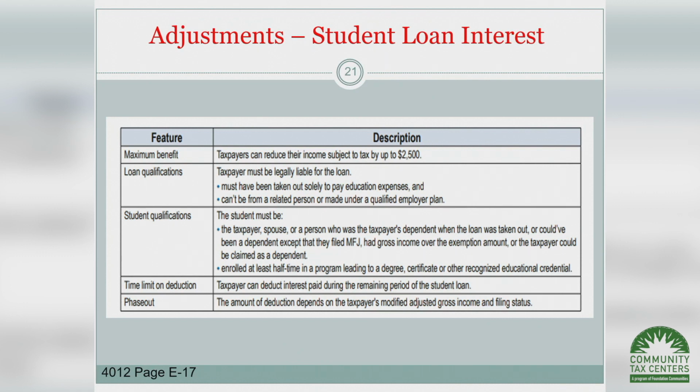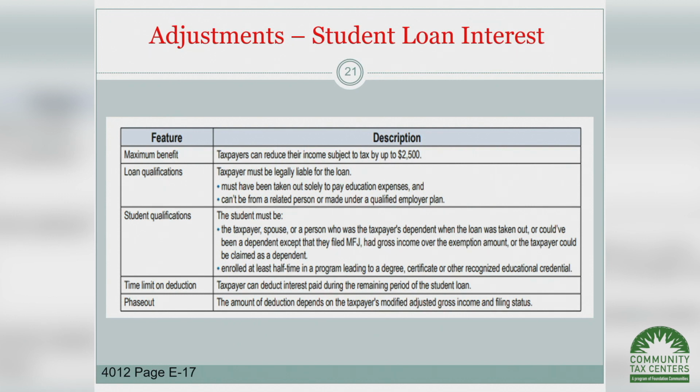The qualifications: the student must be the taxpayer, the spouse, or a person who was the taxpayer's dependent when the loan was taken out, or could have been a dependent, except for those particular instances, filing married filing joint, or being able to be claimed on someone else's tax return.